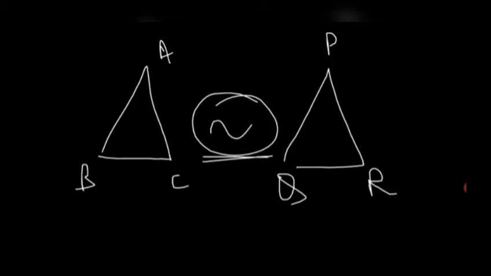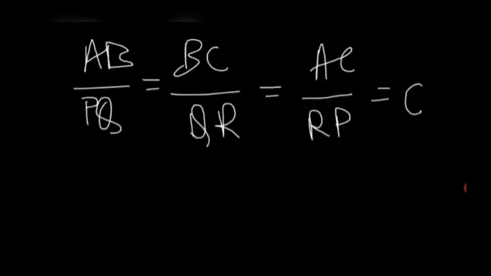Congruent sign is something like this, meaning equal and similar. All congruent figures are similar figures only. In that case, all the sides are equal, so this C becomes 1.